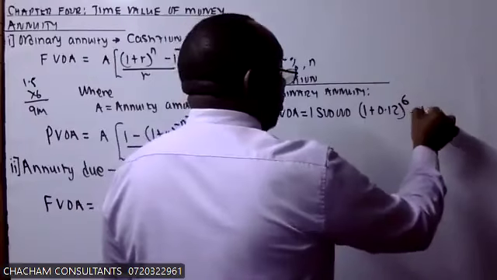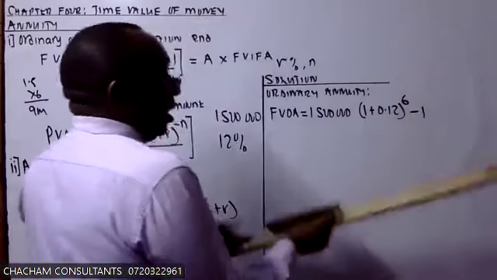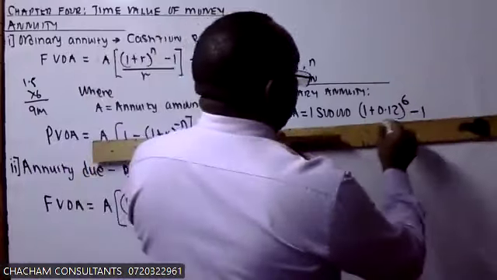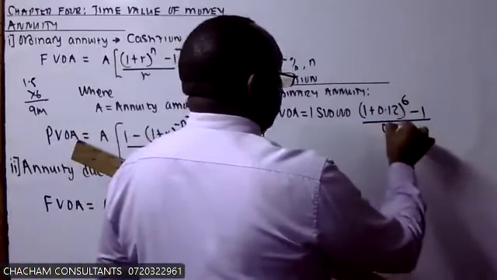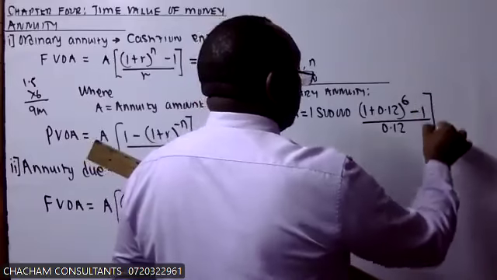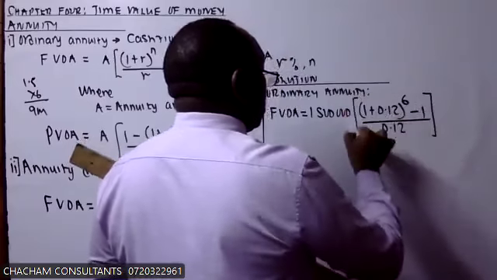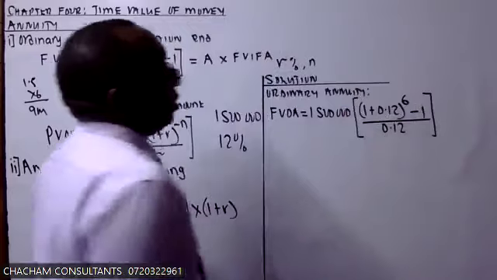Then you subtract 1. After you subtract 1, you divide by 0.12. That way.